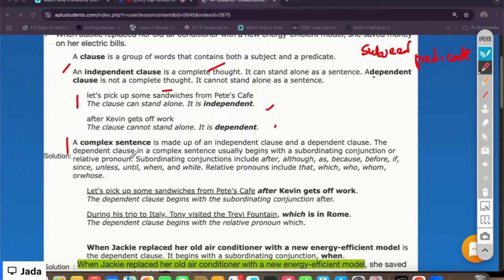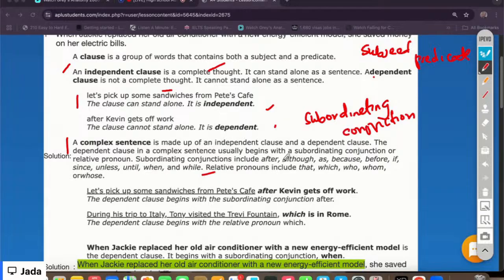Alright, so then we also have the complex sentence. Now, a complex sentence is made up of an independent clause and a dependent clause. So it's made up of the two. Now, the dependent clause in a complex sentence usually begins with a subordinating conjunction, or a relative pronoun.